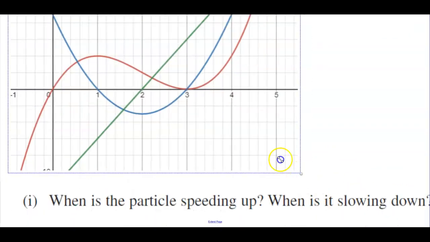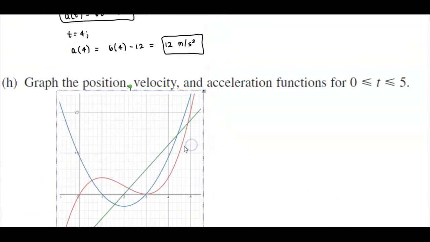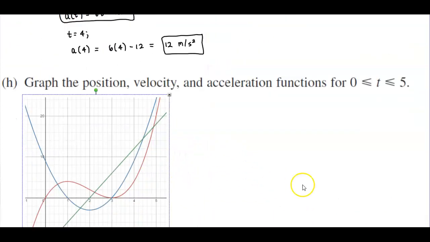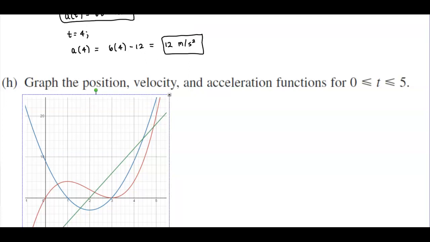Okay, so here is our graph. Okay, so we know that the position function is the one that's in red. So we're going to call that S of t.